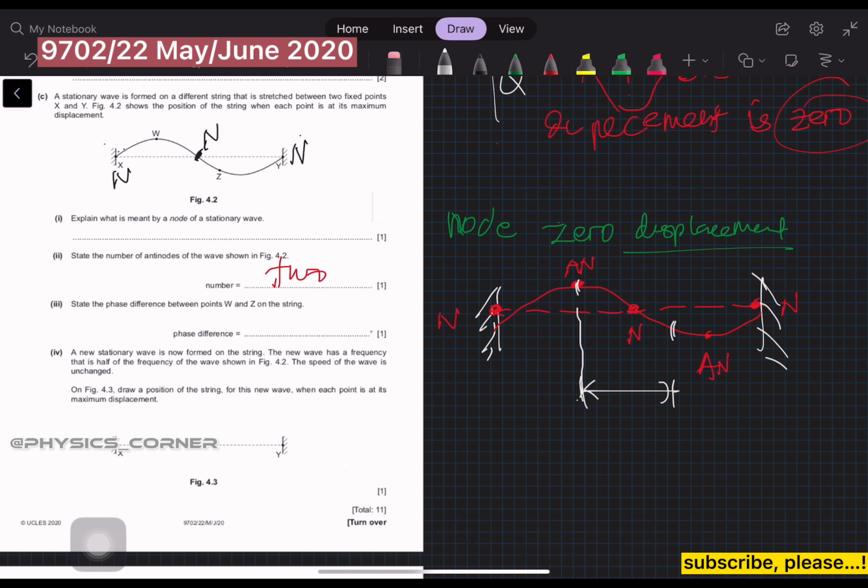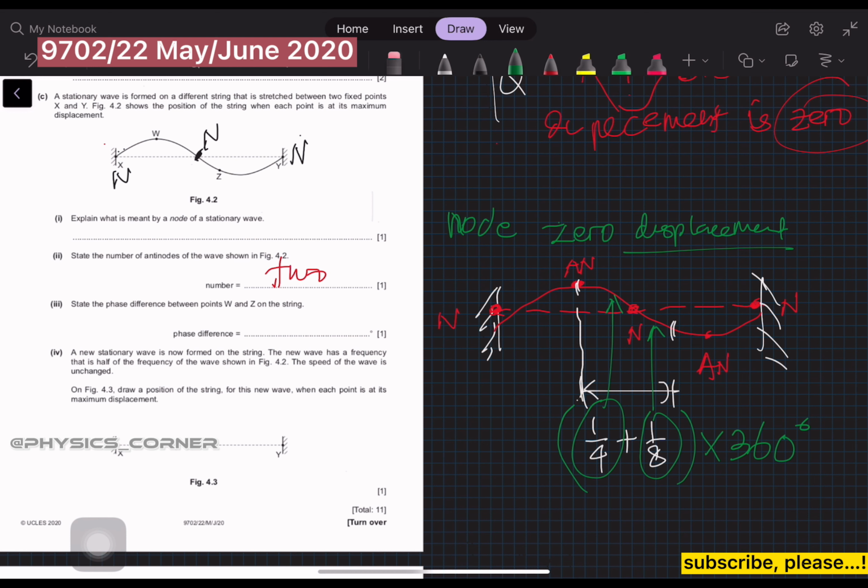This is like 1/4 plus 1/8 of the wavelength, of the phase of 2 pi, or in 360 degrees.